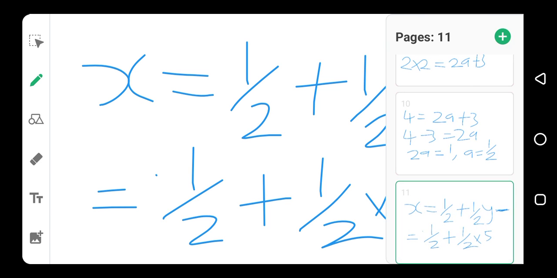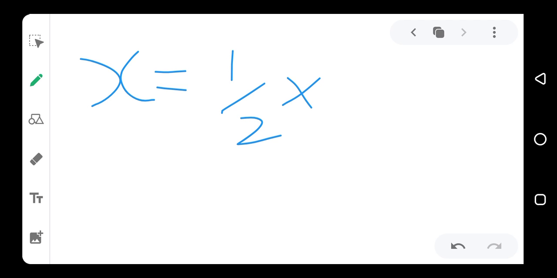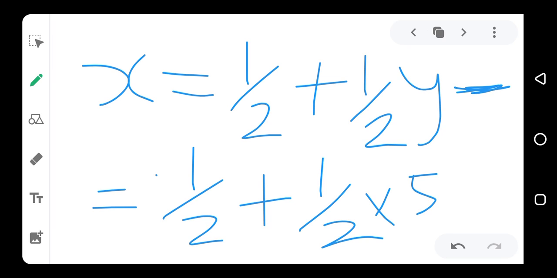Now that will give us x is equal to 1 over 2 times 1 over 2 times by 5. Anything on its own is over 1. So up times up and down times down.